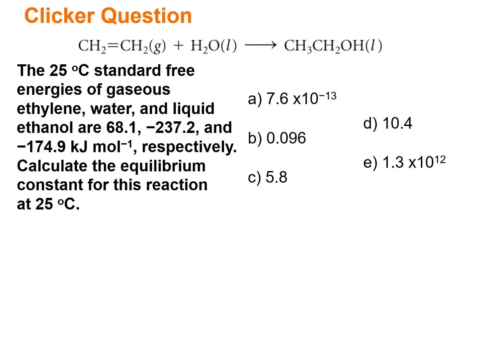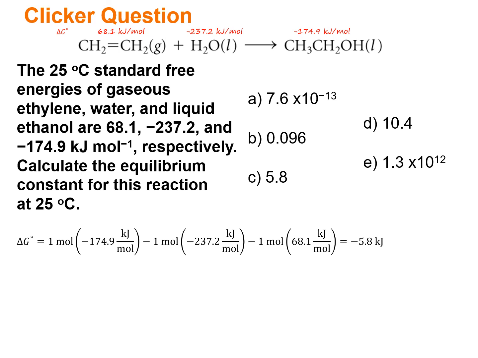Another clicker question. This one is giving us ethylene with water to form ethanol. It gives us the delta G's of formation of all the different species respectively. So we basically have to figure out what the delta G values are here. I wrote the delta G naughts above each molecule, so maybe it's a little more clear.